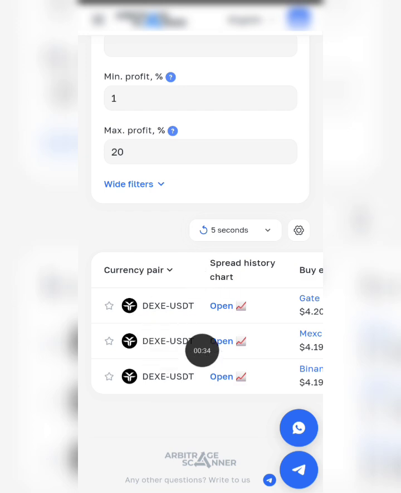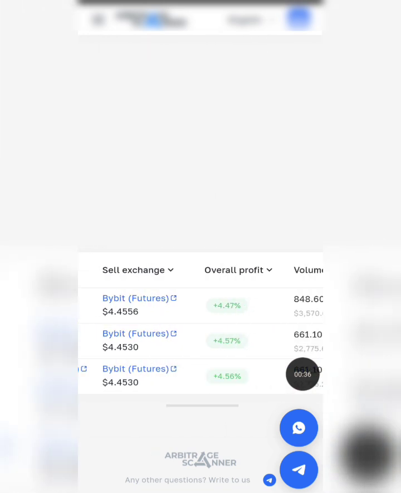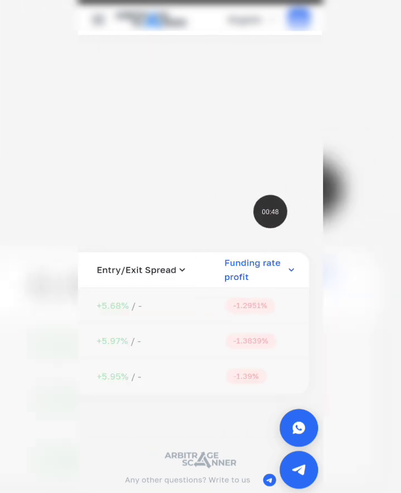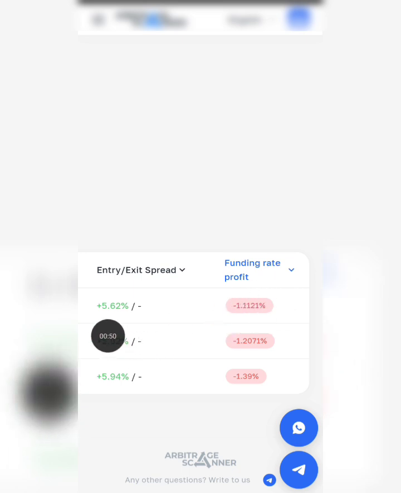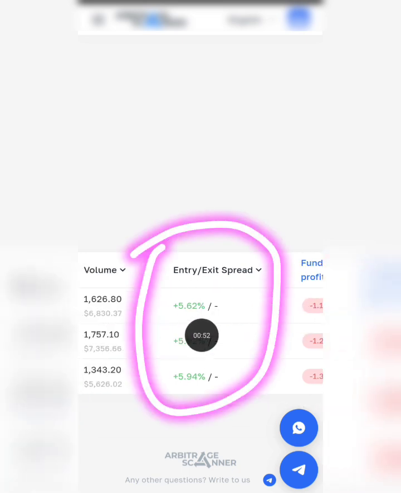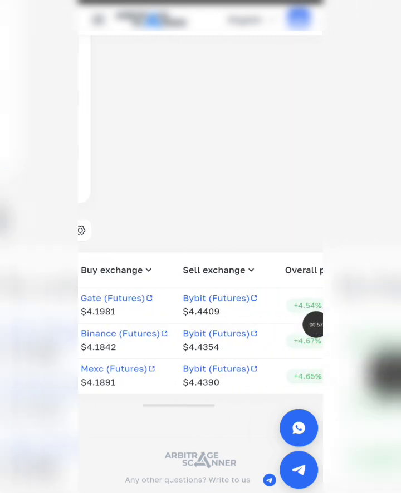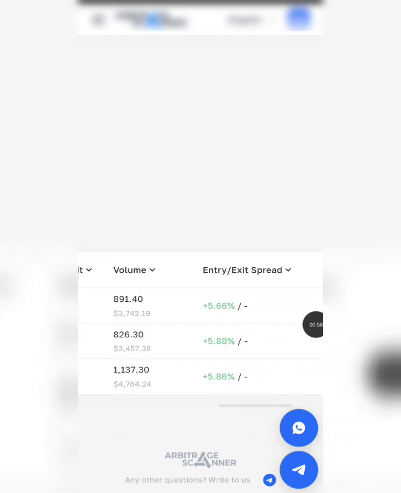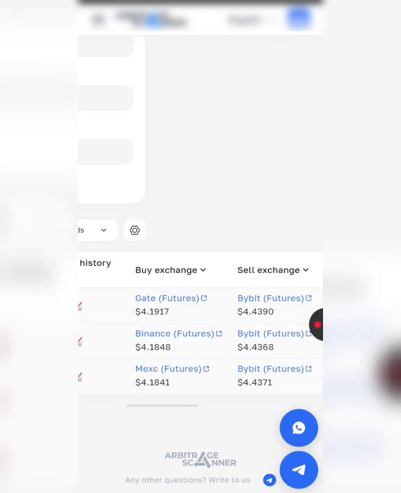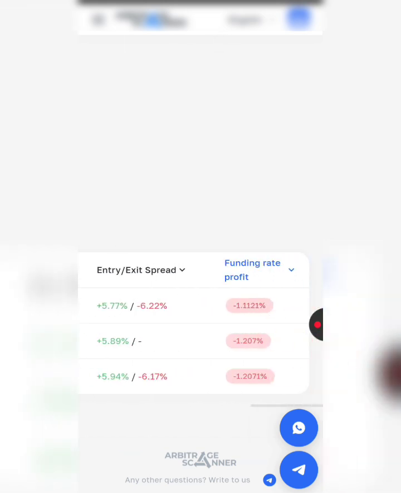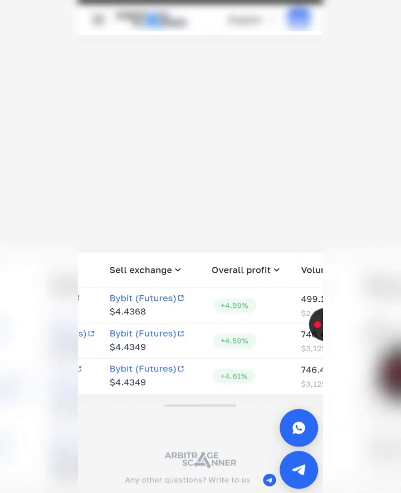These next signals being provided here currently have enough spread, although the funding rate profit is negative. But if you look at the spread right here, we have 5.62 spread in this particular arbitrage opportunity between the Gate and the Bybit exchange that I can still hop on. In this new one, I'm not going to be looking at the funding rate, but my main target will be the spread.